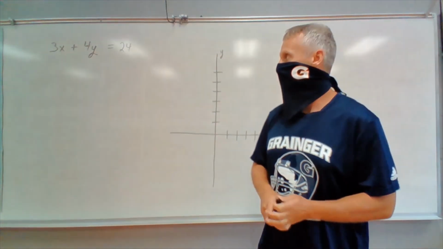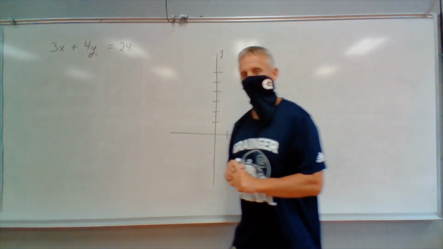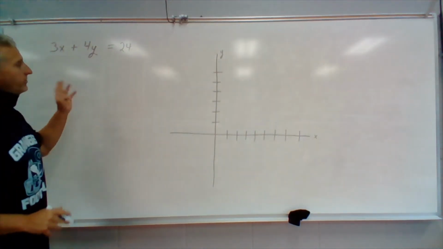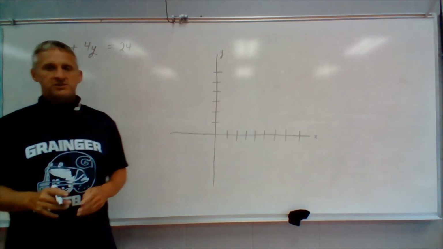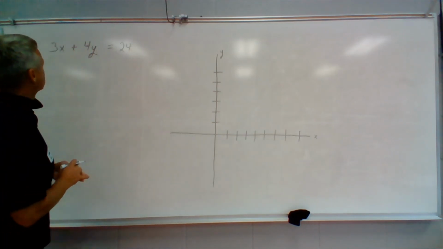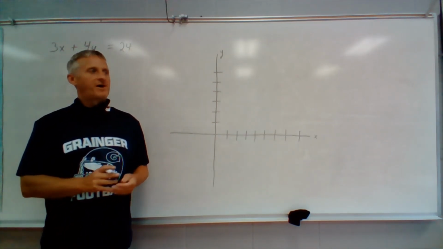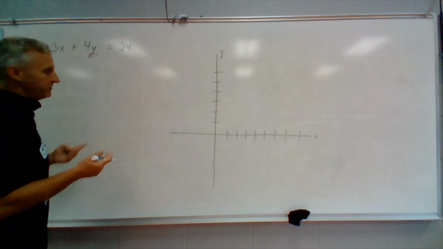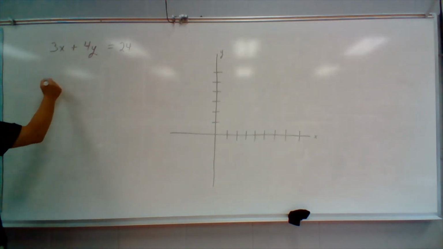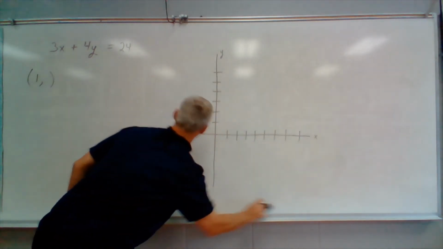All right, let's look at another example of a linear equation. We want to find some solutions to this equation and make a graph. We can put in any number we want for x, or any number we want for y. Let's put in maybe a 1 for the x.